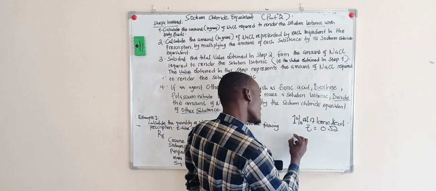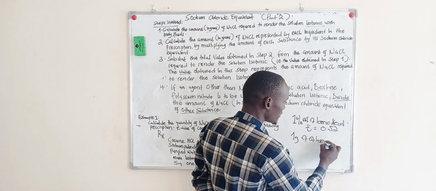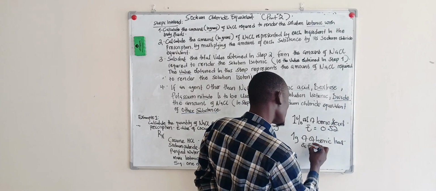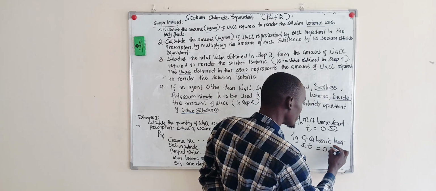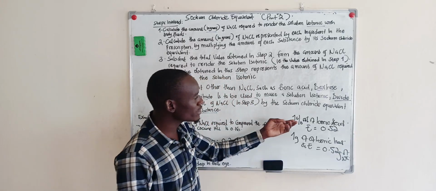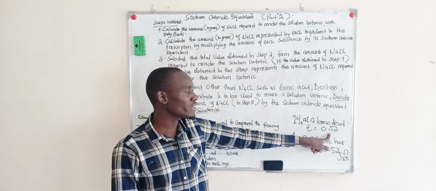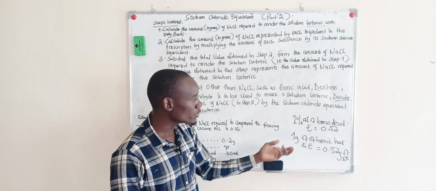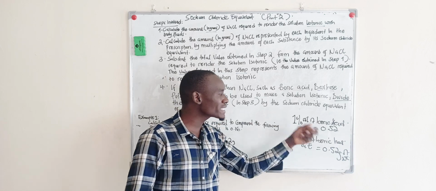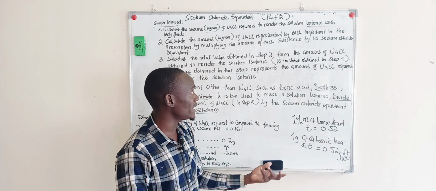That means that 1 gram of boric acid has a sodium chloride equivalent of 0.52 grams of sodium chloride. So every time we say 1% solution of boric acid has a sodium chloride equivalent of 0.52, we simply mean that 1 gram of boric acid is osmotically equal to 0.52 grams of sodium chloride.